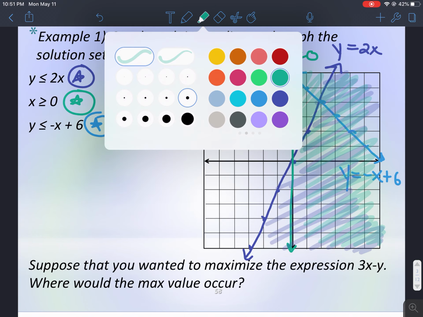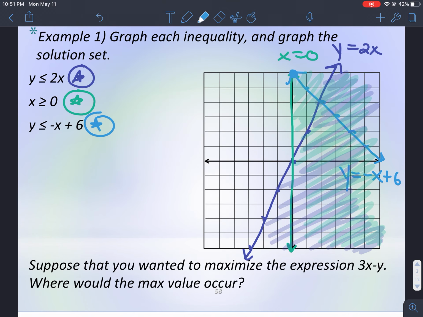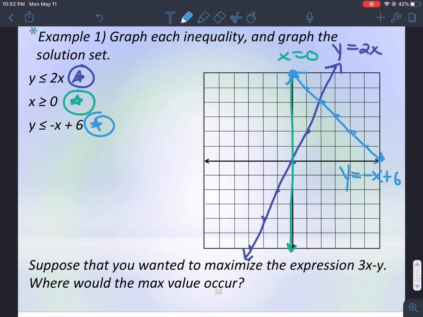And then y is less than or equal to negative x plus 6, so we have to be below the light blue line. There's a lot of shading going on there, but where do all three solutions intersect, that's going to be this area right here. It's a little bit of review for you. Hopefully you've seen that before.